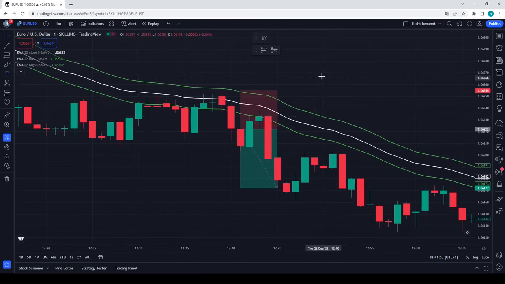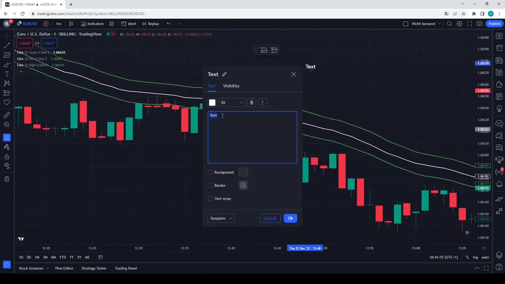So let's go and write this one down. For a short trade, we want first, market below the EMA. Second, market comes back in the EMA area.